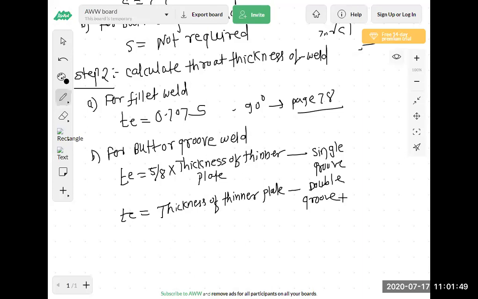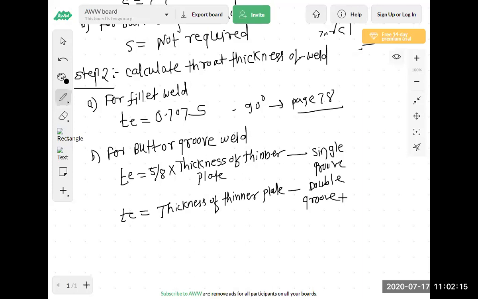See, write down the procedure properly. Once you have written the procedure, there is no difficulty for you to solve the problem. That procedure is not given in any notebook. That is developed by me only, so you will understand better. If we know the procedure, then by using the procedure you can solve the problem.